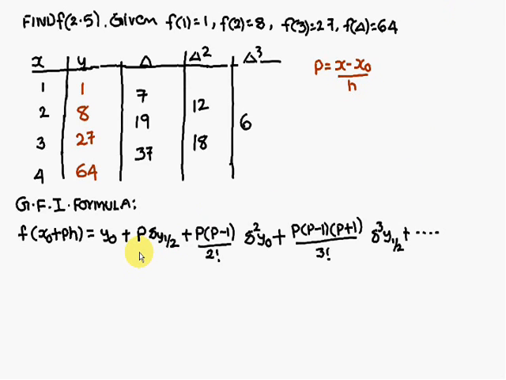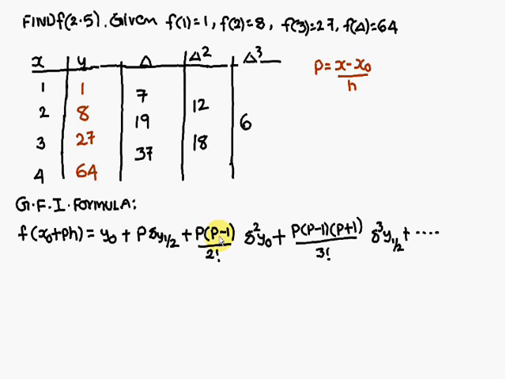Now we have to know the notation, how we have written the p value. First it is p, then you have to write p into p minus 1. In Gauss forward you have to go for the negative onwards, that is, first you write the next subtraction, p minus 1.